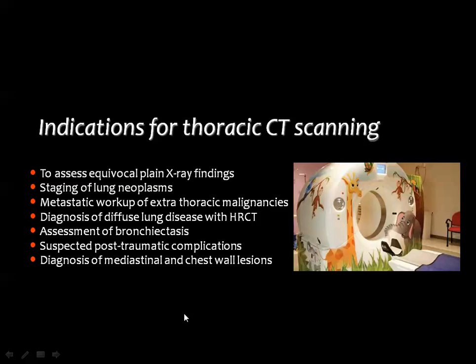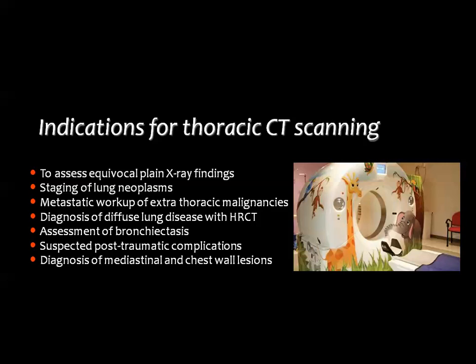Actually, the indications for thoracic CT scanning in the children is almost similar to those in adults, and they include, number one, to assess an equivocal plain X-ray finding, and this is a frequent indication. We have to start by a chest X-ray, and then we try carefully to reach the diagnosis considering the patient's clinical condition.